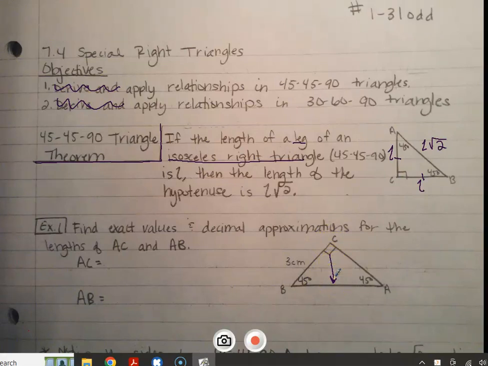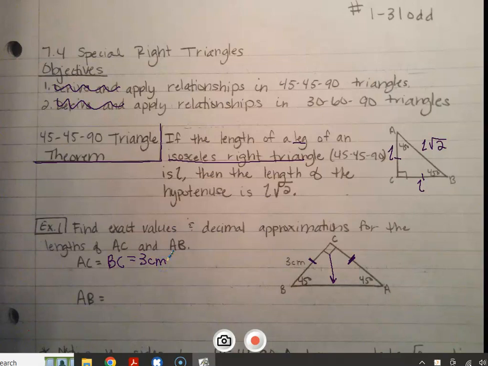So that's our hypotenuse, which means BC and AC are both legs. It's isosceles, it has to be because it's 45 and 45. So these legs are the same length. So AC is equal to BC, which is 3 centimeters.